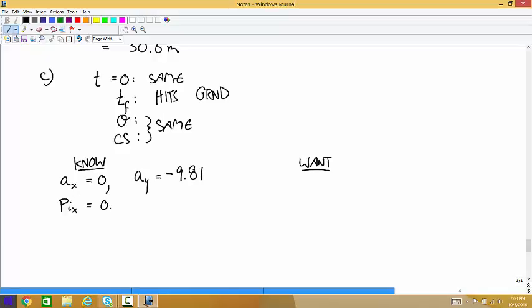So that's 0, and PIY is positive 1.8. P final, do we know anything about that? Yeah, PFY is equal to 0. That's how we're going to specify that we're looking for when it hits the ground. And all we're looking for is PFX.